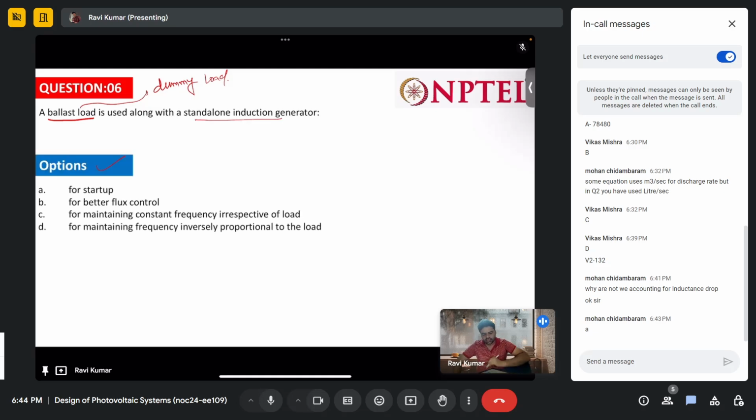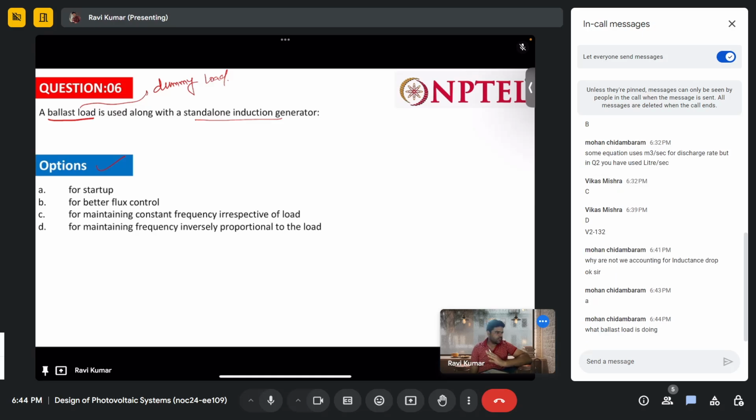Why do we have a dummy load with an induction generator? Yes, that is the question here.